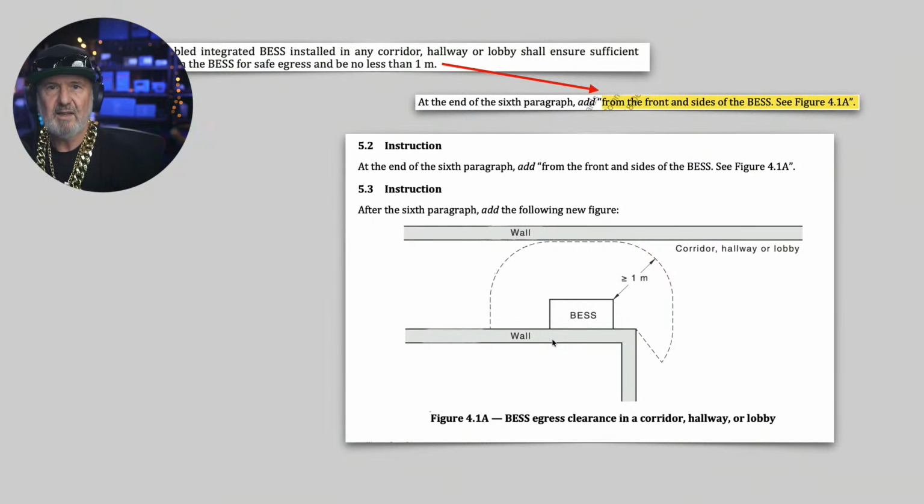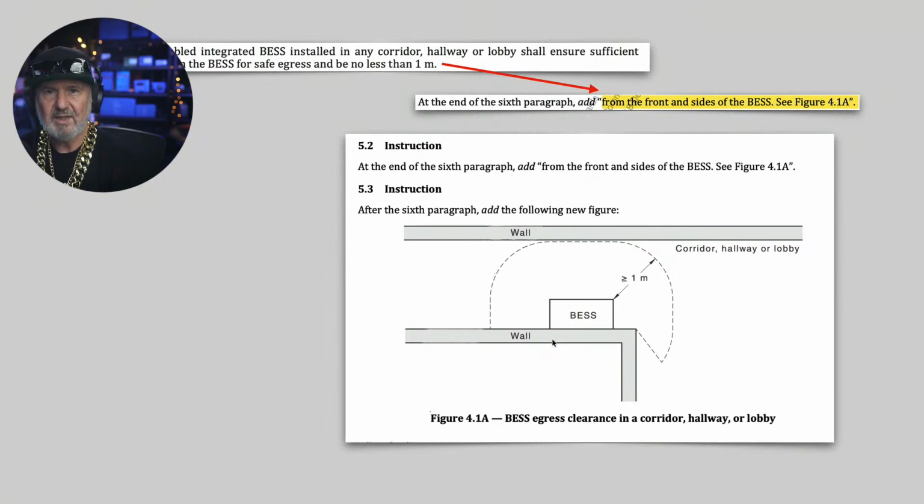And lastly, this is a clarification about the amount of clearance when you've got a BESS installed in a corridor, hallway or lobby. And there's just a small addition to the top statement from the original standard. A pre-assembled integrated BESS installed in any corridor, hallway or lobby shall ensure sufficient clearance from the BESS for safe egress of no less than 1 metre, and then we have to add from the front and sides of the BESS.